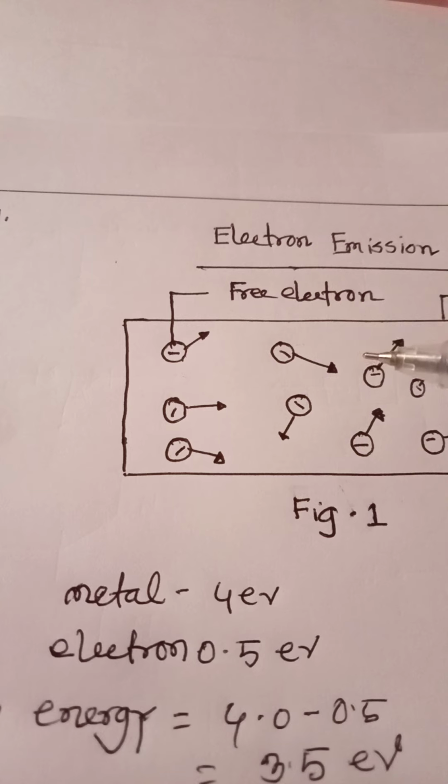It may be noted that it is desirable that the metal used for electron emission should have a low work function so that a small amount of energy is required to cause emission of the electron.